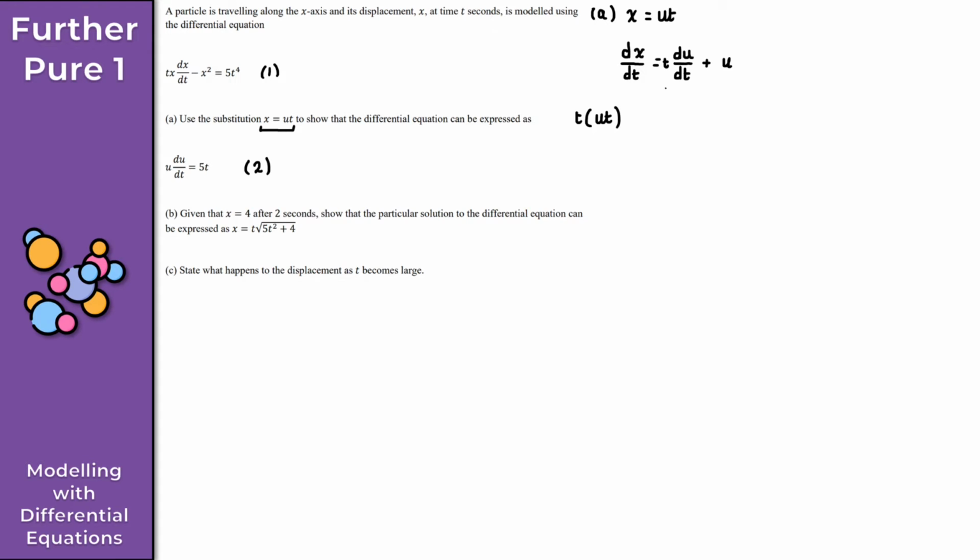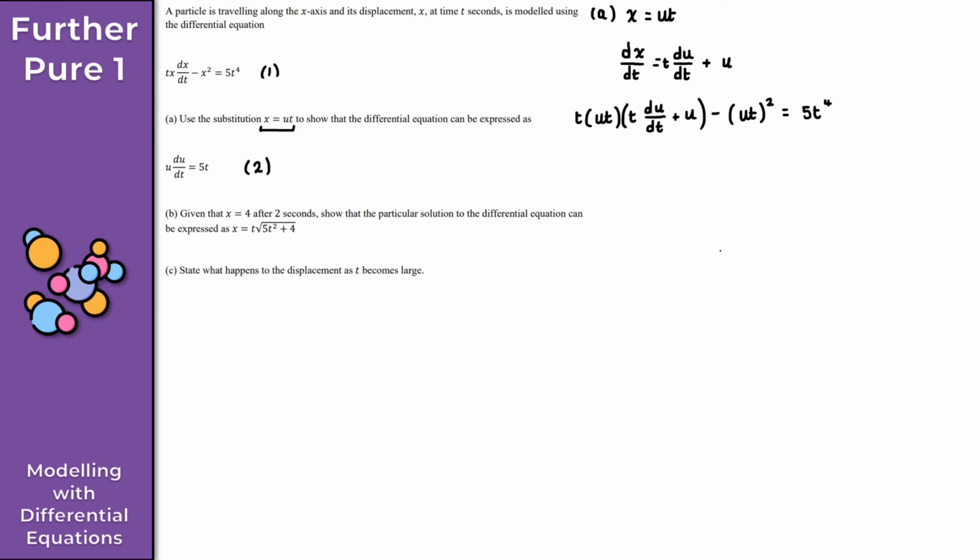So dx by dt, as we've just obtained, is t times du by dt plus u. So let's jot that down: t du by dt plus u. We then have minus x squared, where x equals ut. So minus ut squared, and this is all equal to 5t to the 4.